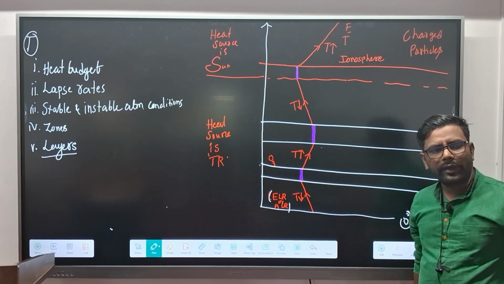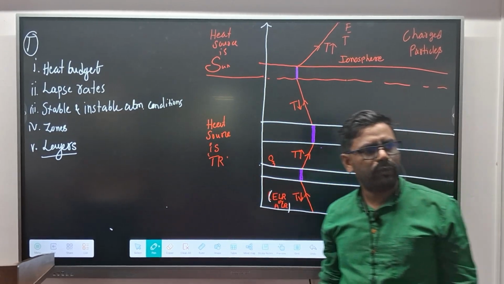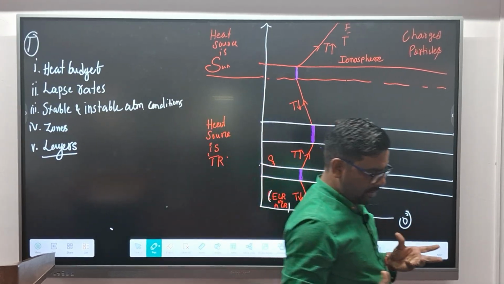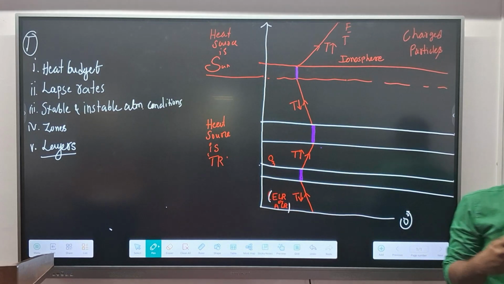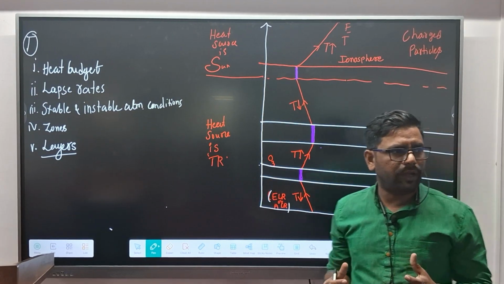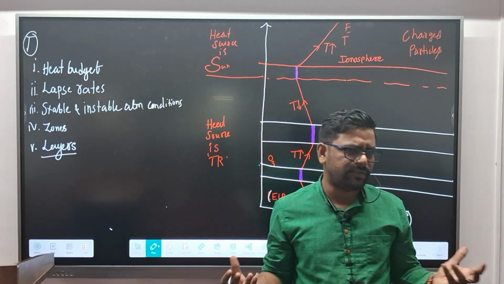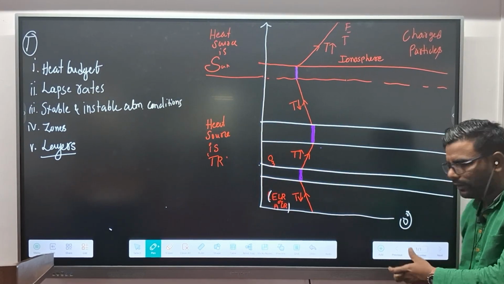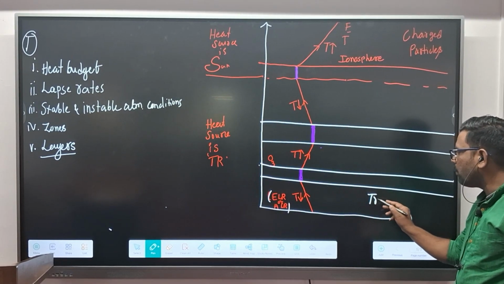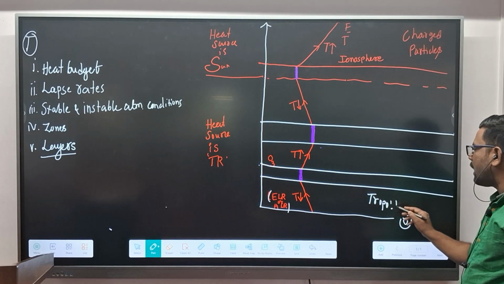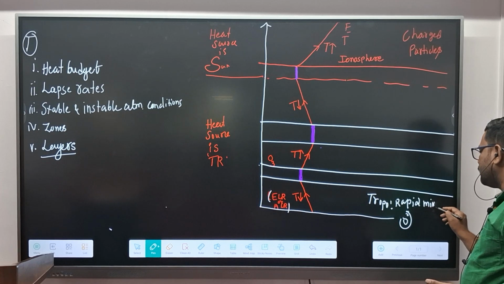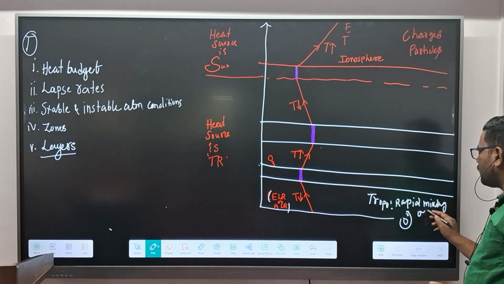Another very important thing in our atmosphere, the atmosphere meaning the blanket of different gases: we can find there is rapid mixing of the gases or gas molecules, isn't it? So due to the rapid mixing present here, Tropo means rapid mixing, isn't it? Mixing of what?